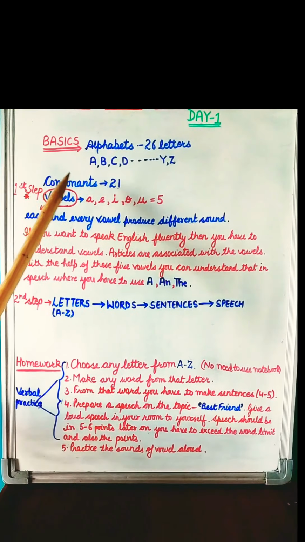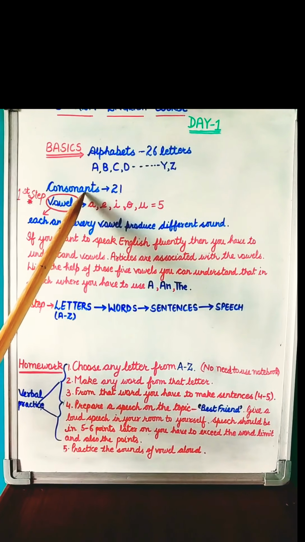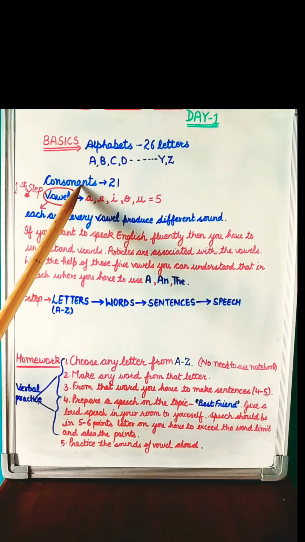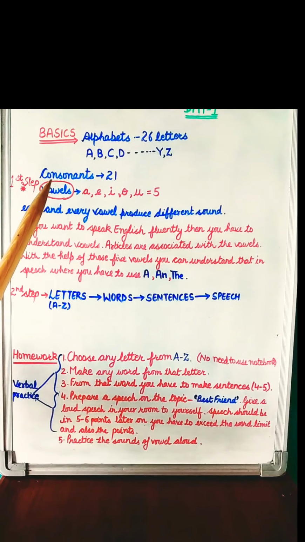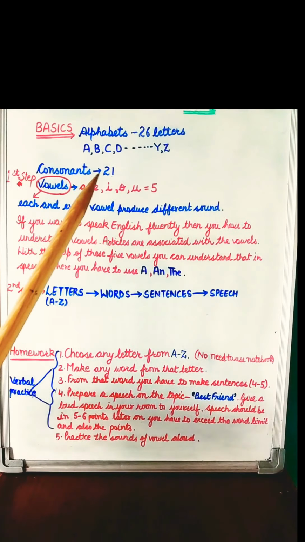You also know the consonants: except for the vowels, all the remaining letters come under the category of consonants. I think this is very clear to you from the very beginning. If you know it, it's very good.